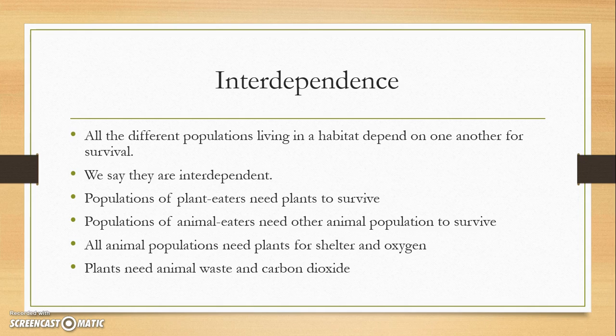When animals produce waste, or when the animal dies, decomposers will break it down into simpler substances, such as carbon dioxide, mineral salts, and water for the plants to absorb. And the plants also need the carbon dioxide that animals produce when they breathe out. So everything in the environment, all the organisms, need each other to survive.